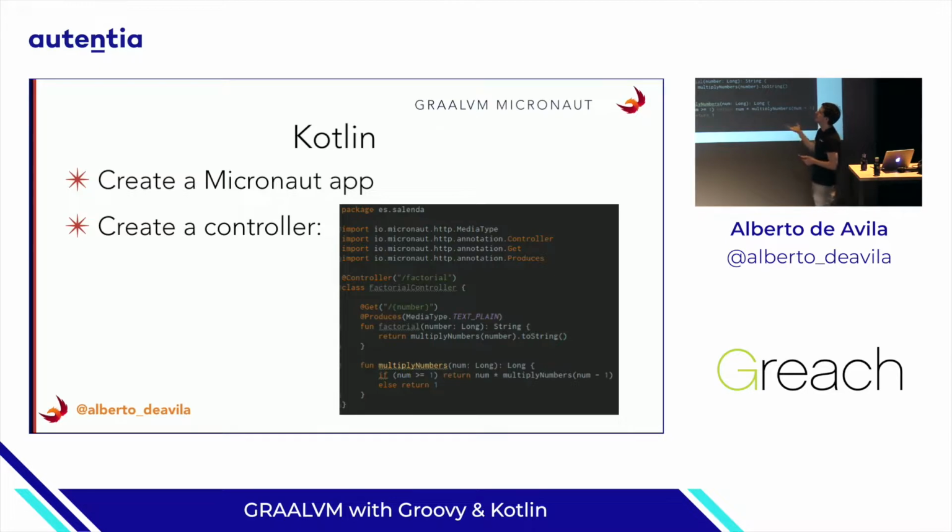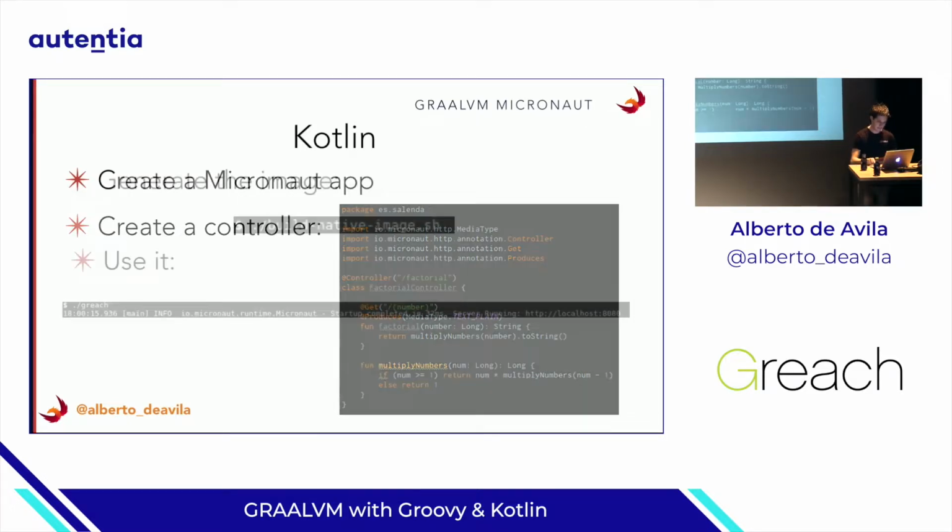Once we have that, we have to create only a controller, the Factorial controller, annotated with the controller annotation and the path for the controller, and we create an endpoint to calculate the factorial. This is not important. Let's see what's important here to generate the image.